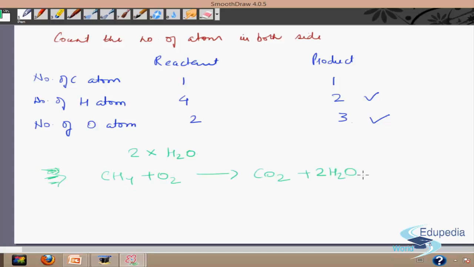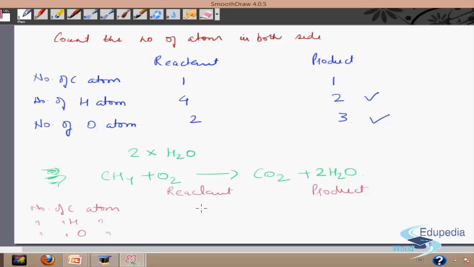Alright. Now again let's count the number of atoms. I'll write reactant here, product here: number of carbon atoms, number of hydrogen atoms, number of oxygen atoms.